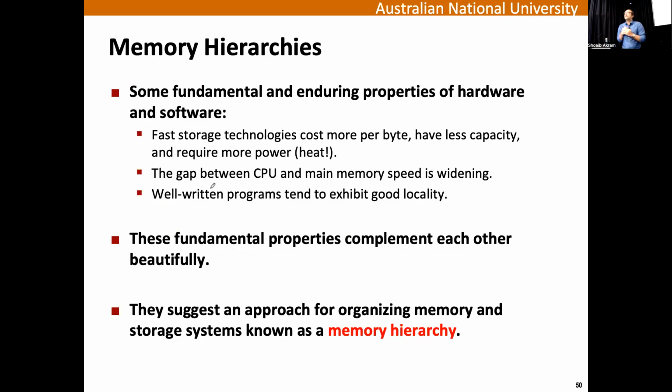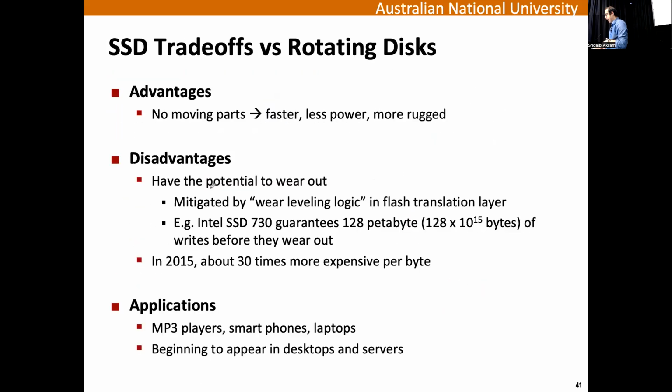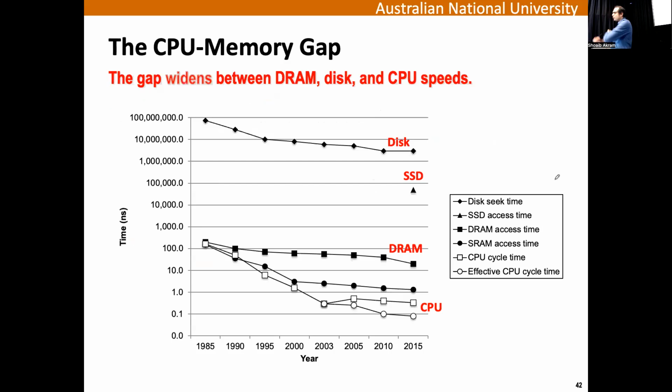Okay, so how do we exploit locality? Once again, the problem is, remember this chart here. The gap between SRAM and CPU is small.